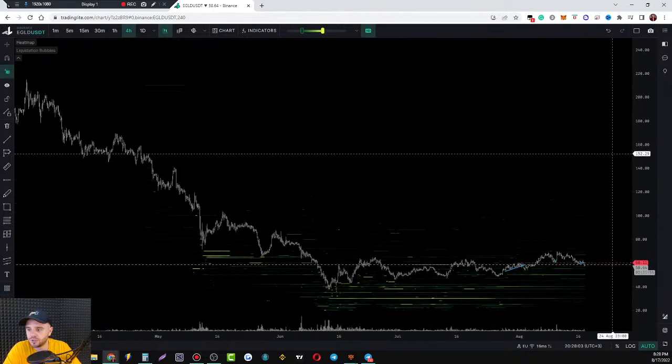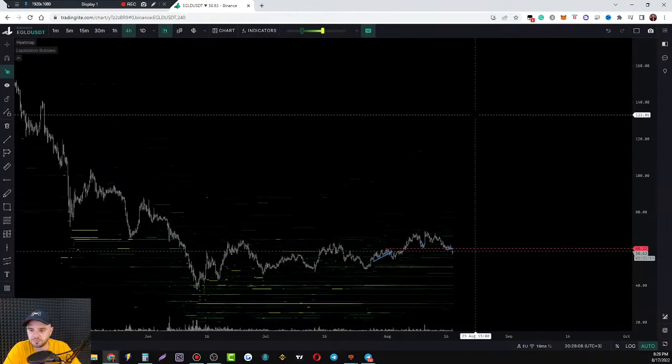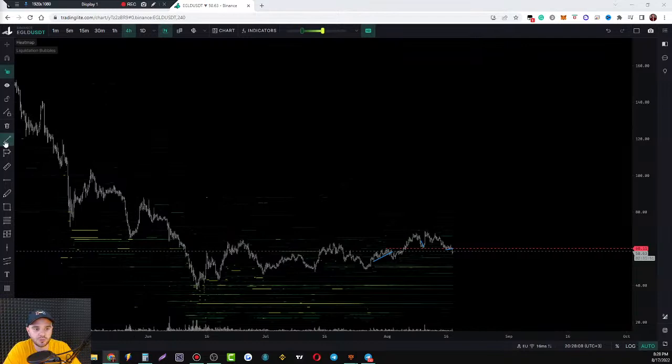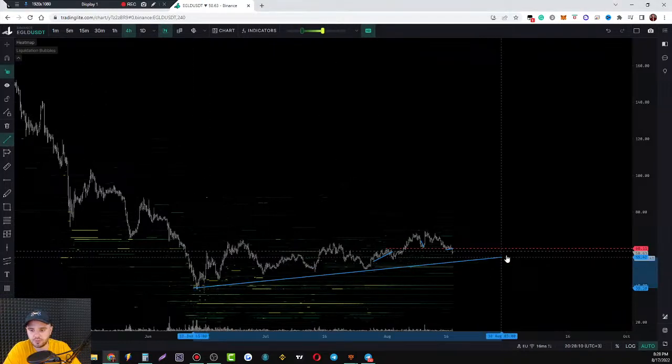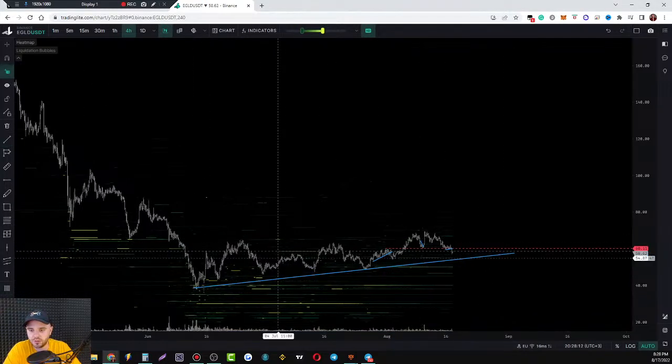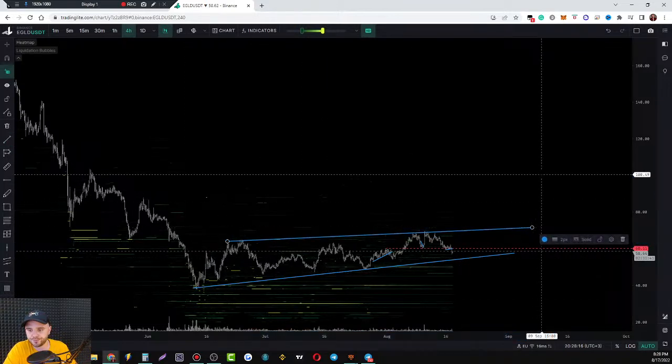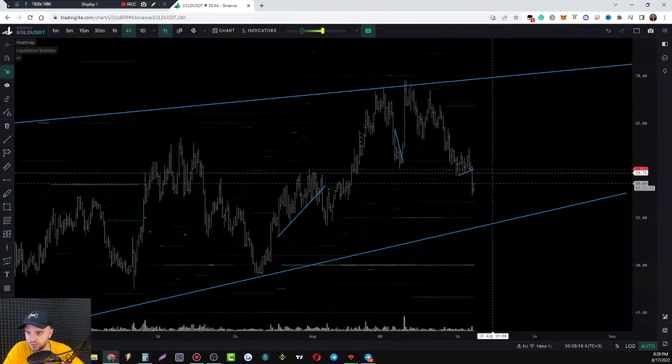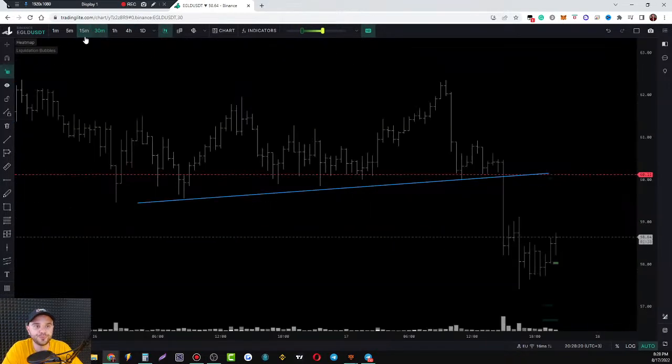What about bigger time frame? About bigger time frame, EGLD is in this channel, but there is not significant volume at the bottom.